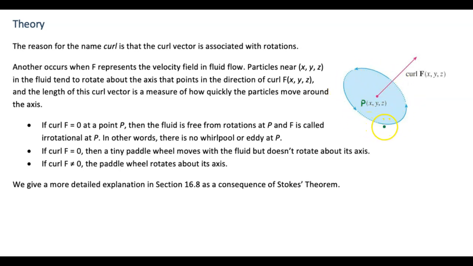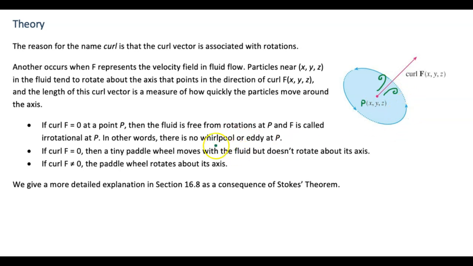Well, that's curl. So if the curl of f at this point is 0, that means there's no circular rotation around this point. Now, you can still have these tiny little wheels moving with the fluid. So that means that I can still have tiny little wheels that might look like this, where the fluid's kind of flowing forward and then curling around itself in this direction, but there's still no circular rotation around this point perpendicular to the direction in which it exits this faucet.